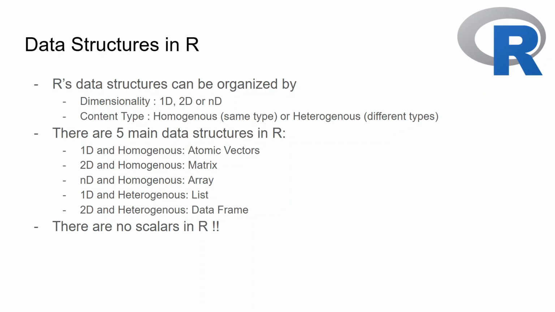There is nothing for ND and heterogeneous in R because it wouldn't really make sense.